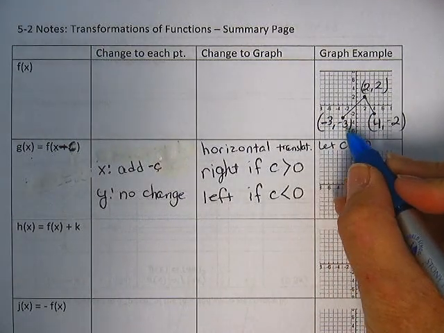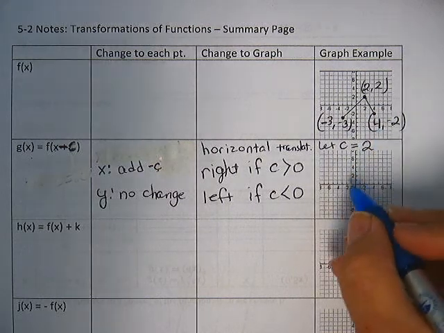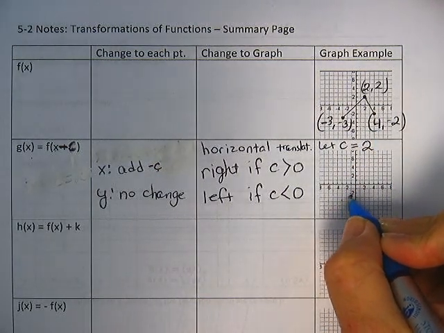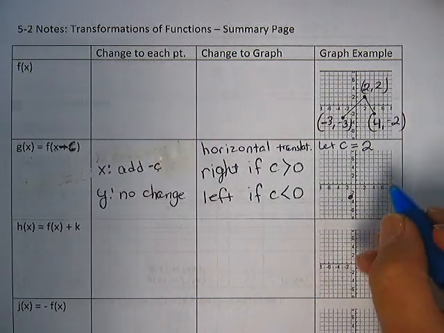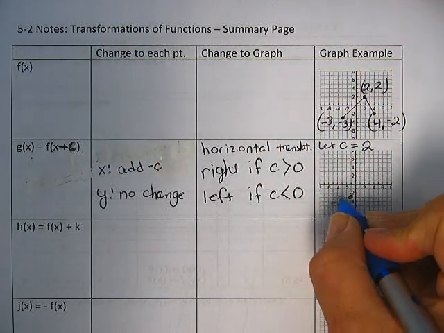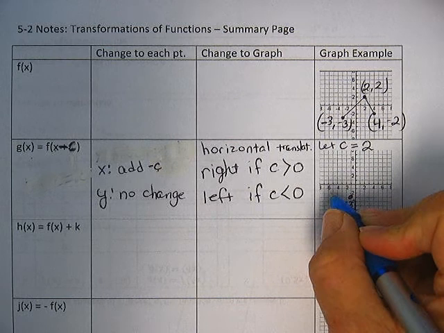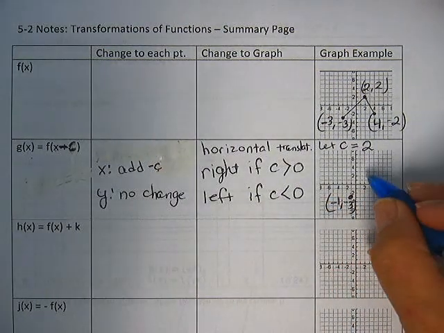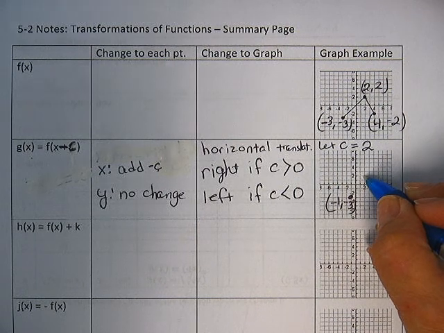So this point at (-3, -3), we're going to move to the right by 2. So our coordinates now will be at (-1, -3). So again, the y value doesn't change, it's only the x. The point that was at (2, 2) moves over 2.